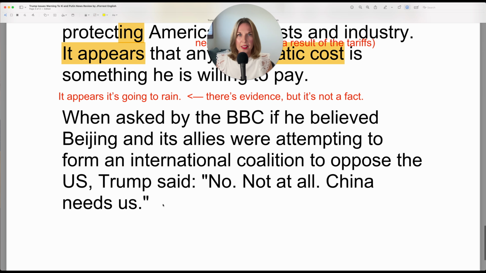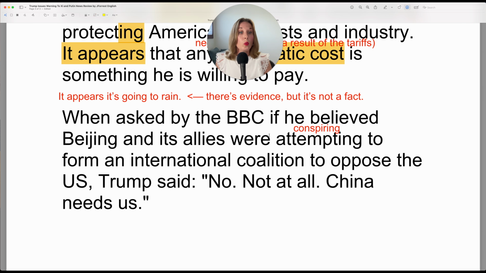China needs us." Now notice here they used the word attempt, which is another way of saying we're trying to form. You could also use the word that we learned before, which is we're conspiring. So remember, conspire is the verb, attempt is the verb, but then here it's conjugated in the past continuous.